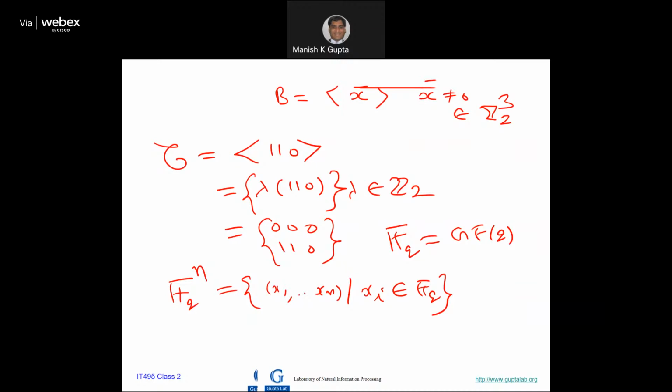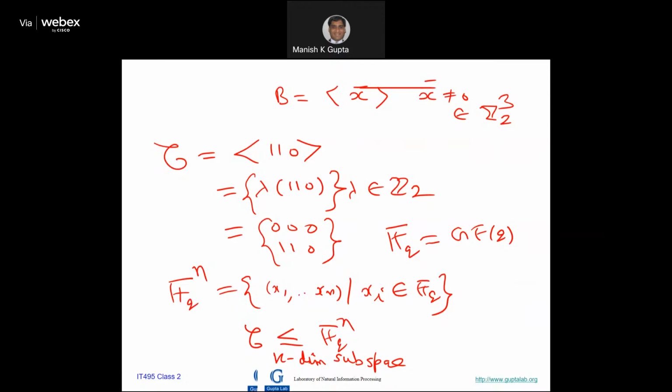A linear code is nothing but a subspace of F_q^n, a k-dimensional subspace. So a linear code, which is used for correcting errors, is mathematically a subspace of a vector space over a finite field.